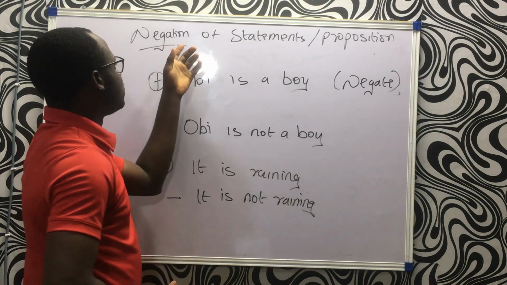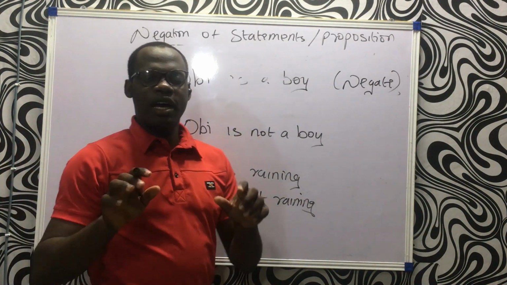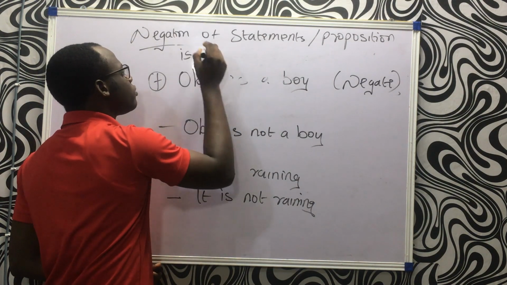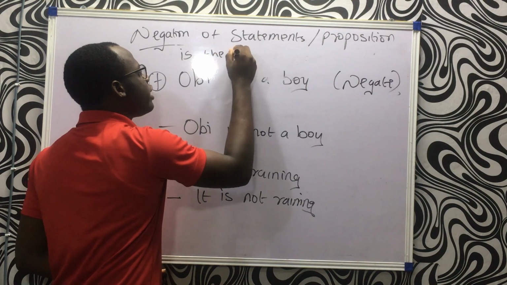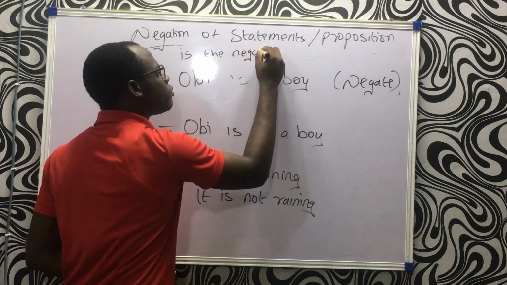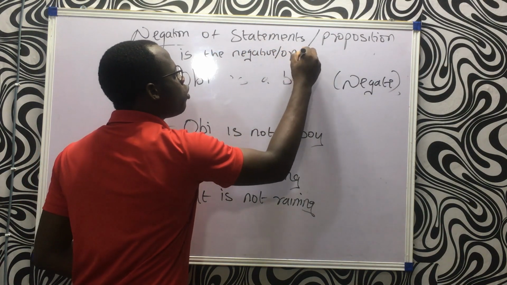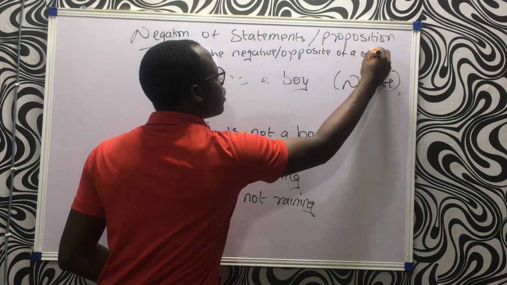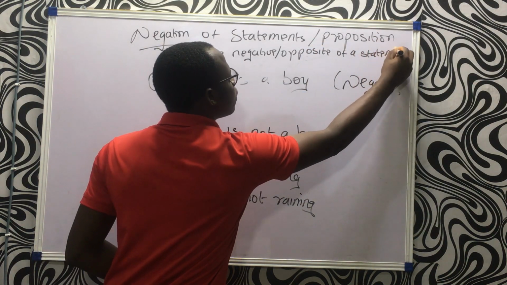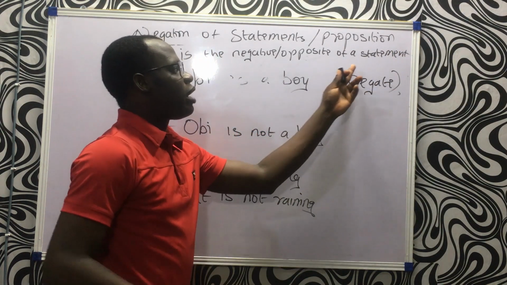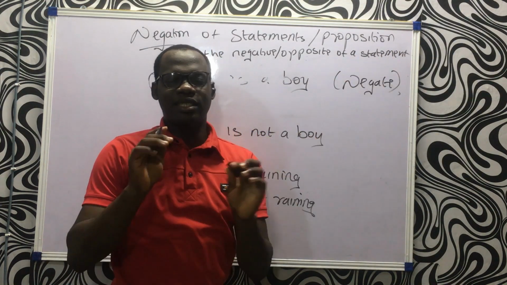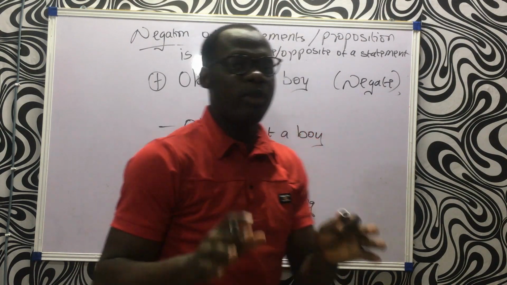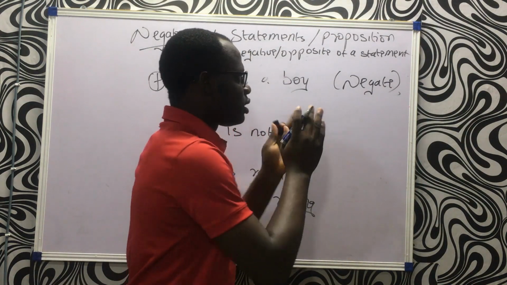Now, that deals with the negation of a statement. Remember, I said the negation of a statement is the negative or opposite of a statement. And remember, we said all statements are sentences, but not all sentences are statements.